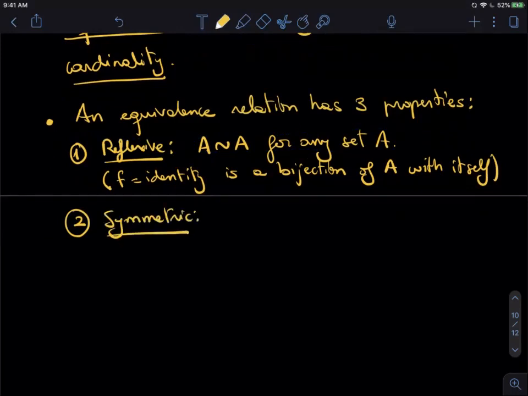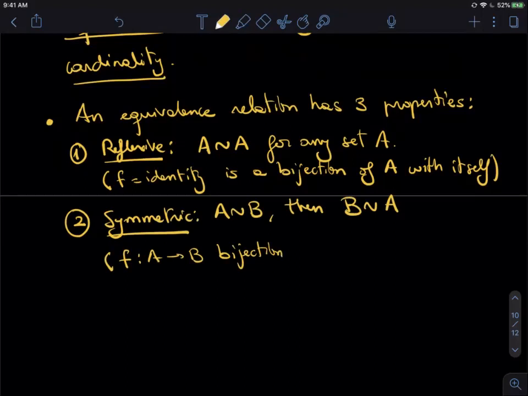And it says that if A is related to B, then B must be related to A. This is easy. In this case, if F is a bijection from A to B, then we can take the inverse that goes from B to A.